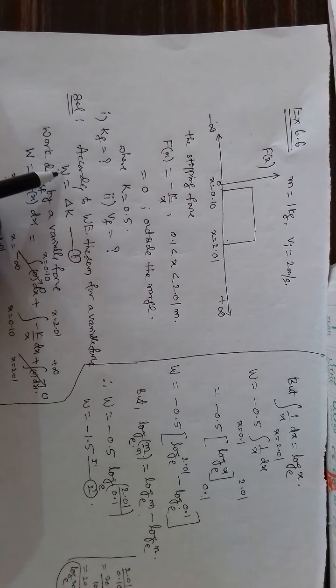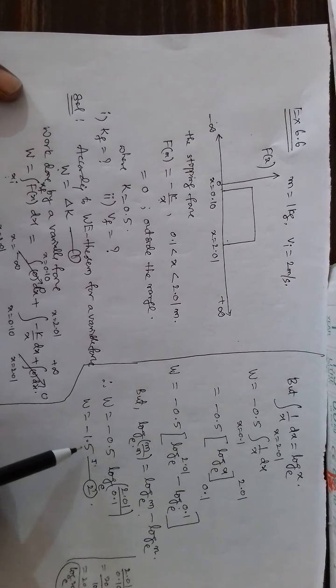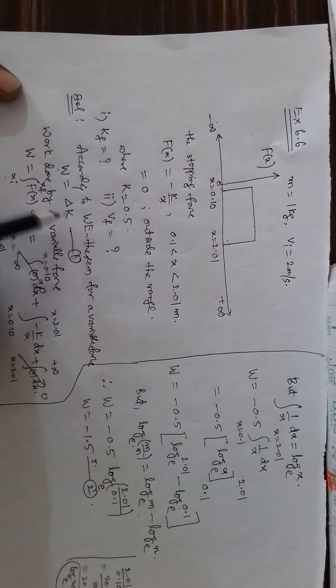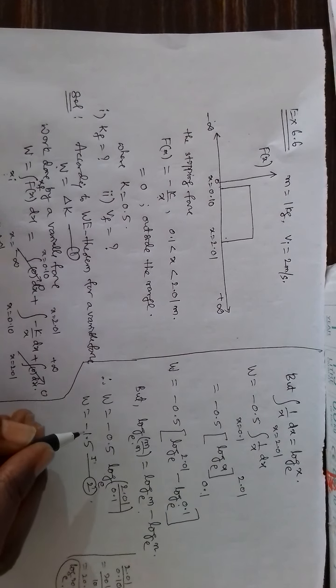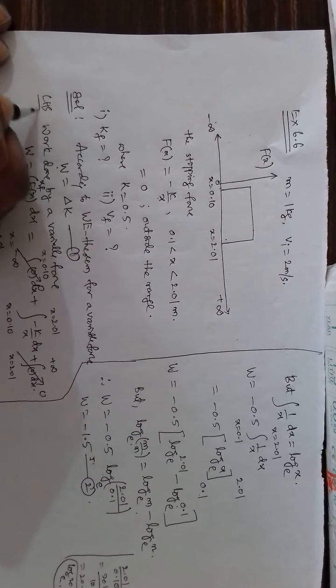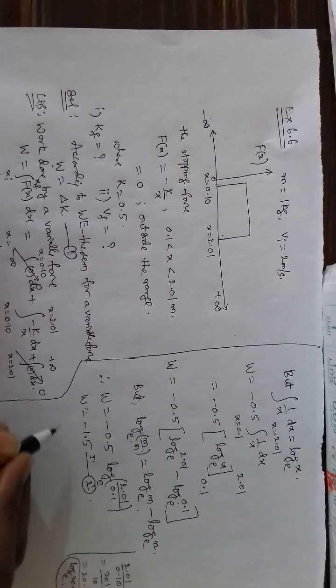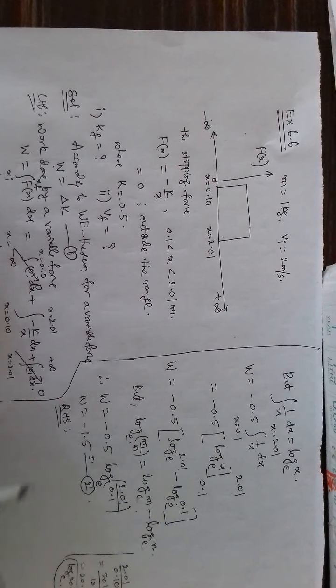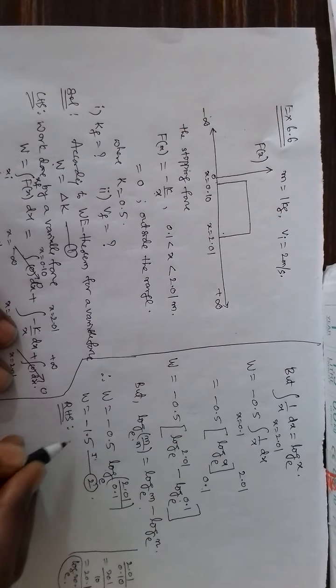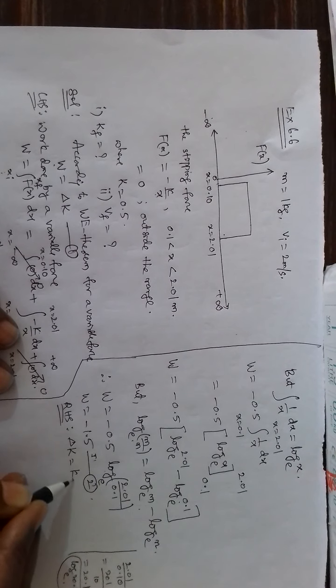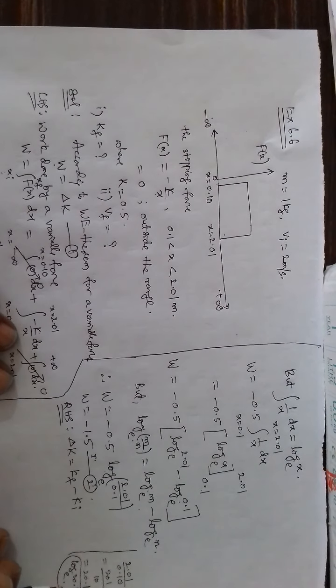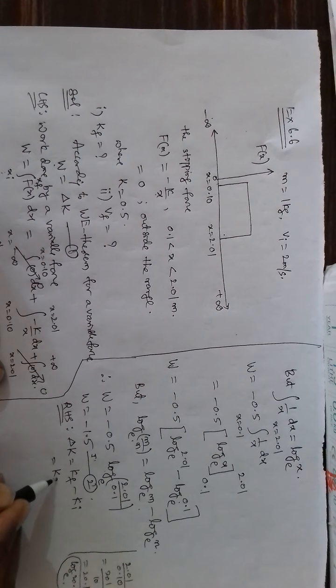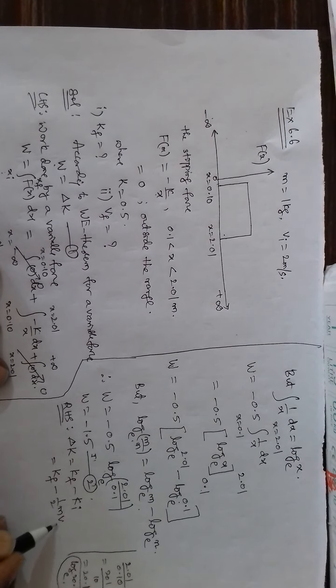So on LHS, work done was there and we have calculated that. Now change in kinetic energy. Now here we have chosen left hand side. Now right hand side. On the right hand side, change in kinetic energy is there. That is Kf minus Ki. Kf value we have to find out. Ki, initial kinetic energy, means half m vi square.